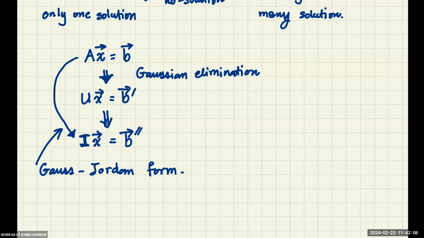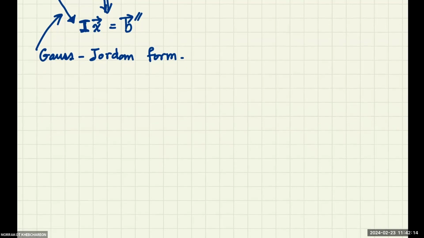Now I will give you an example. I will start with the coefficient matrix A times X. Suppose you have 2, 1, 2.